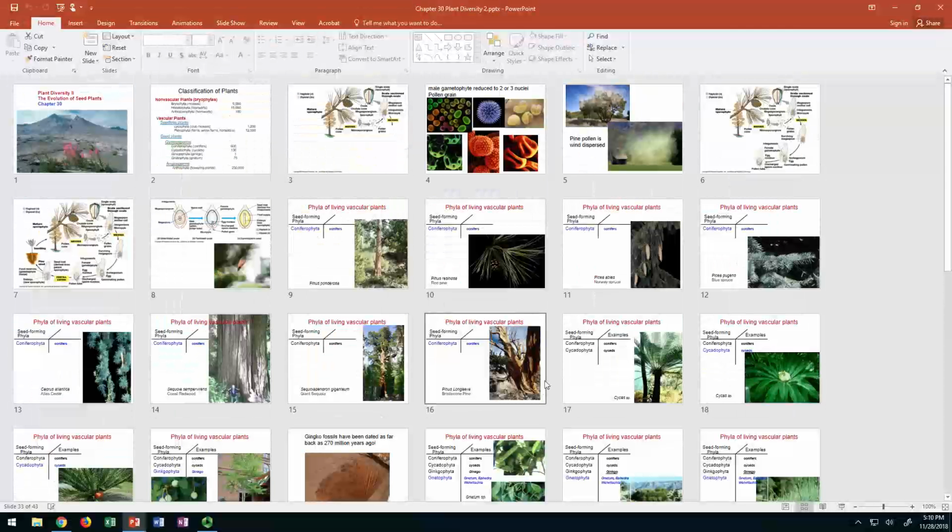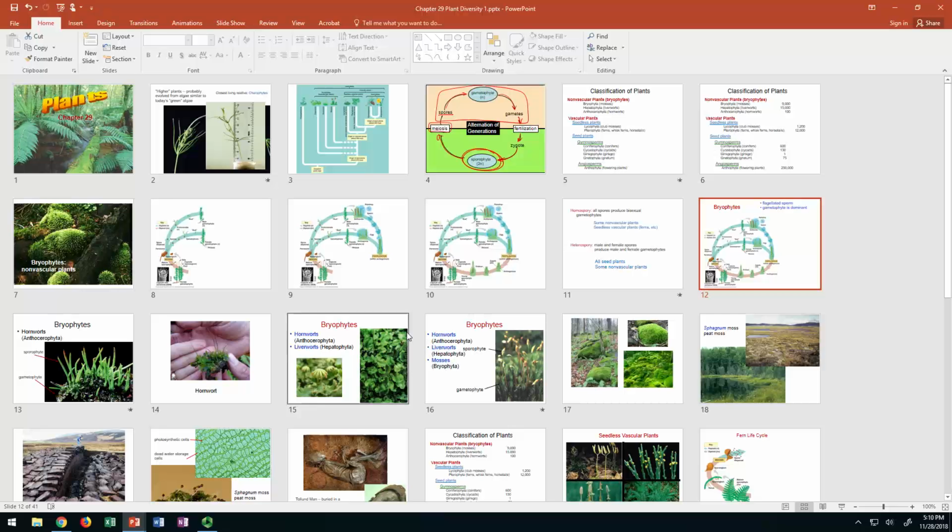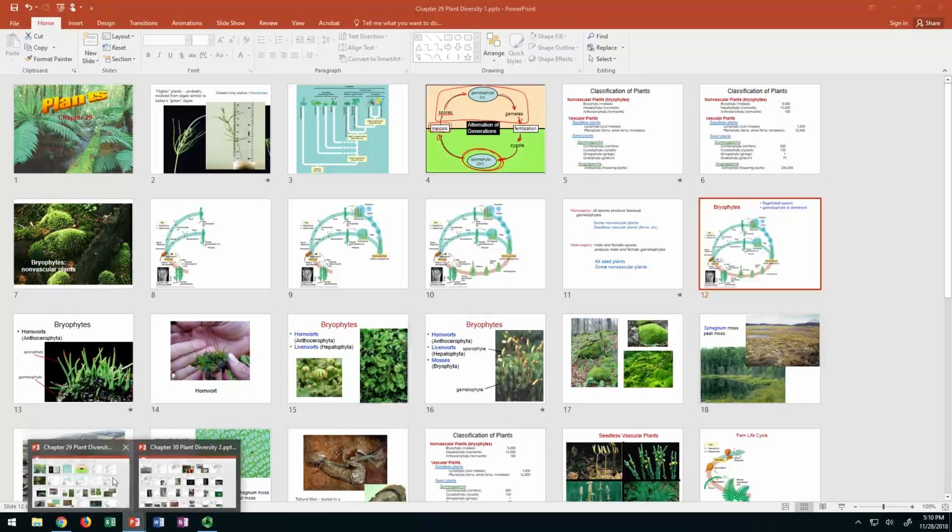Well, the sporophytes, like the ferns, sporophytes are the dominant. I guess when it's a fern, it's a sporophyte, and when it's a moss, it's a gametophyte. Let's see if I can find what you're talking about.